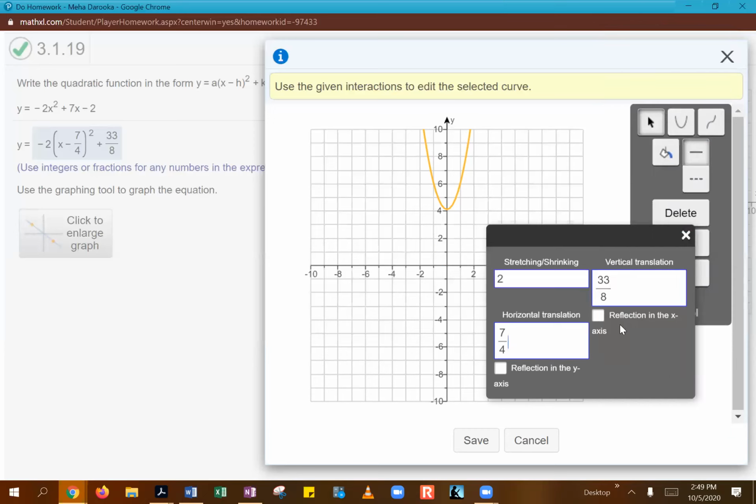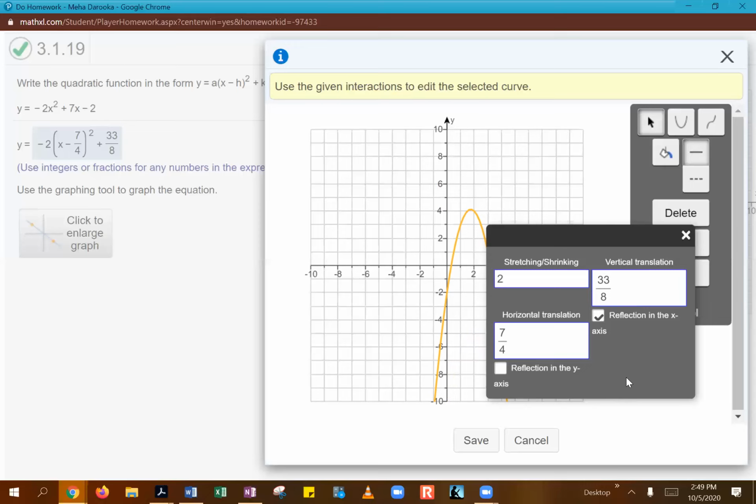Another thing to remember. So we're going to click reflection with the x-axis, and now you will see we did not have a negative in front of the 33 over 8, but the moment I click that, it brings a negative in. I don't know what's wrong with their programming, but it always ends up doing one or the other, either removes it or adds it. So make sure you remove that negative sign from the vertical translation. That should be a positive 33 over 8.